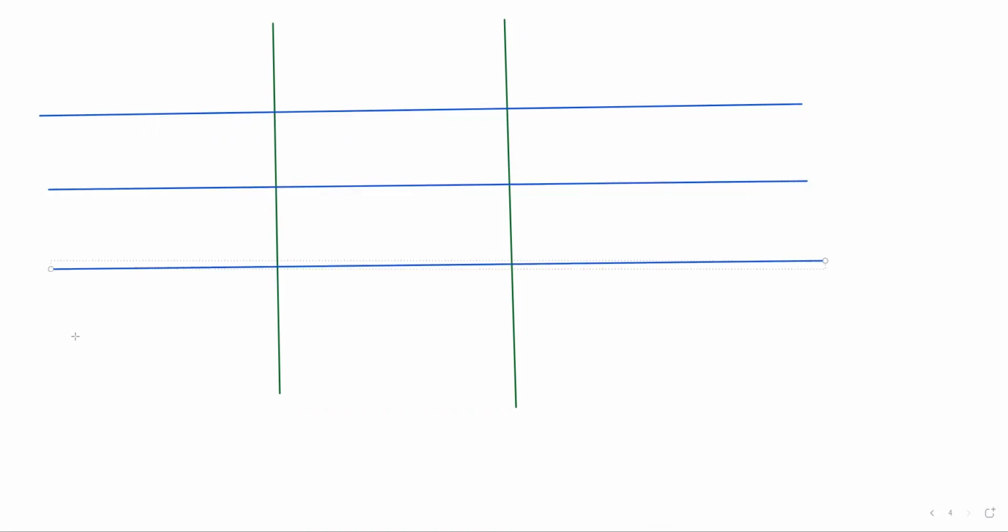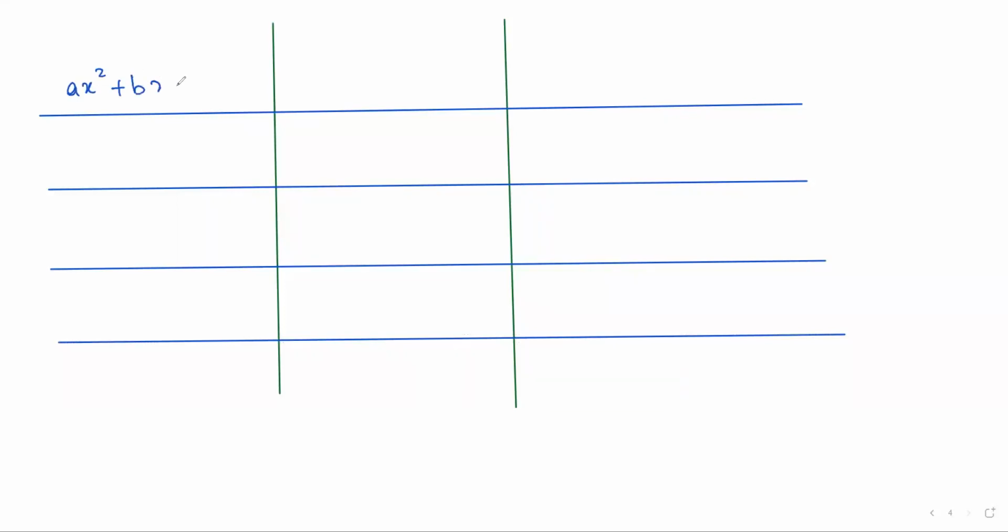Now, let's consider generalized values. If you have ax square plus bx plus c, that means both signs are positive.